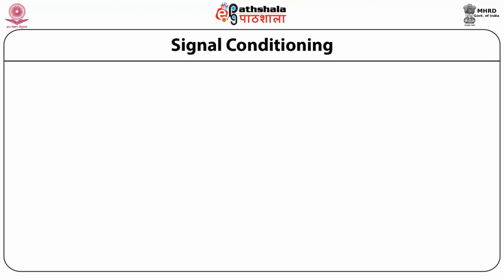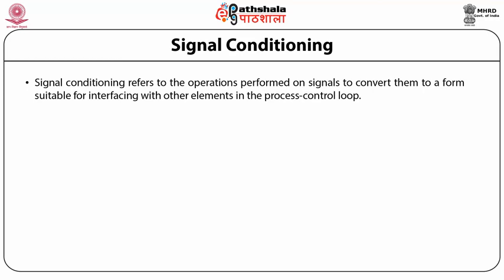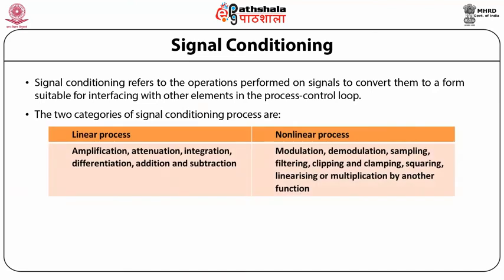Signal conditioning. Signal conditioning refers to the operations performed on the signals to convert them to form suitable for interfacing with other elements in the process control loop. The two categories of signal conditioning process are: first is a linear process, that is amplification, attenuation, integration, differentiation, addition, and subtraction.